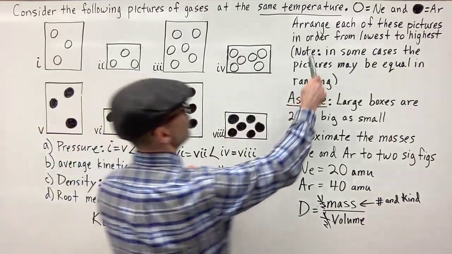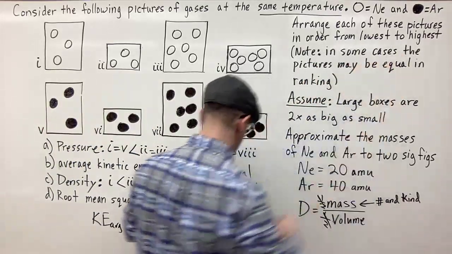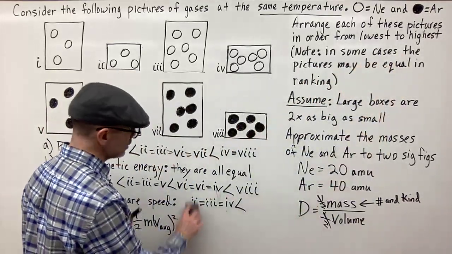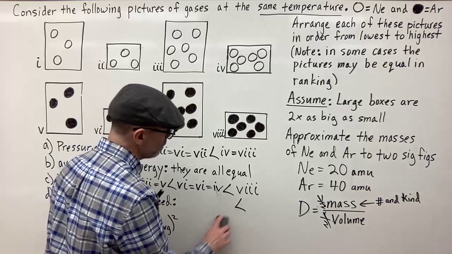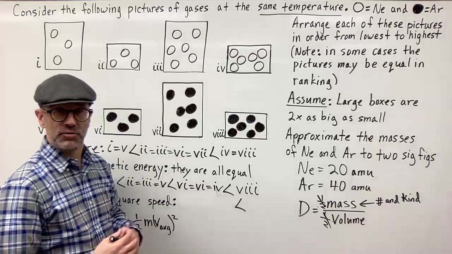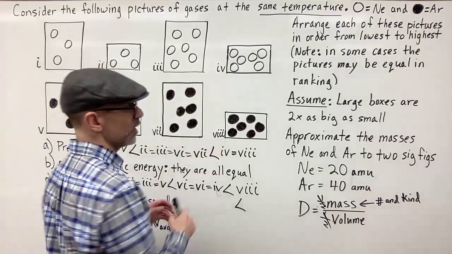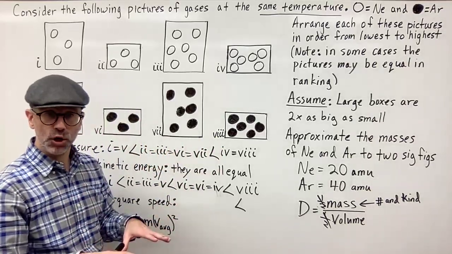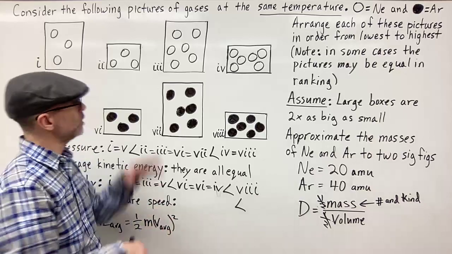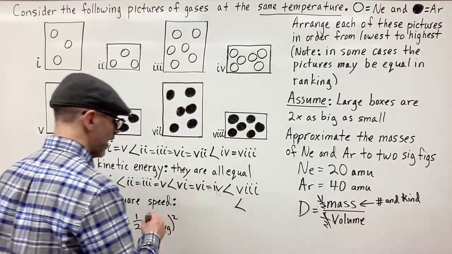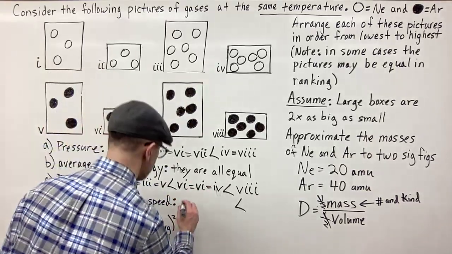We're supposed to do lowest to highest, so lowest. The heavier particles are going to be slower because they're heavier, right? So these 5, 6, 7, and 8 are going to have a lower root mean square speed compared to these 4. So I was going to write it backwards, but I caught myself.